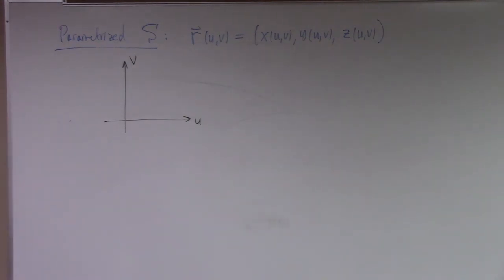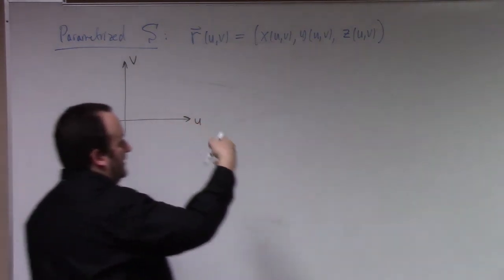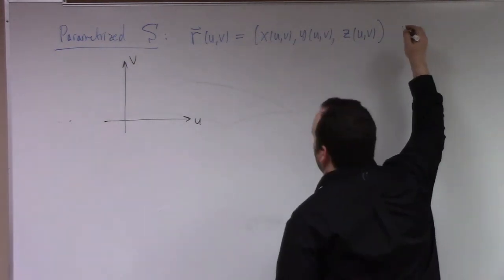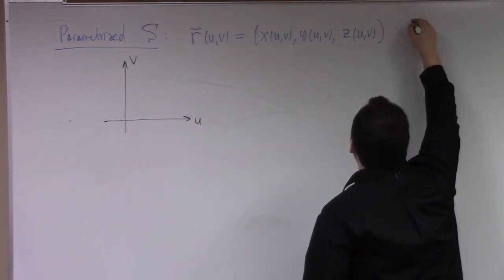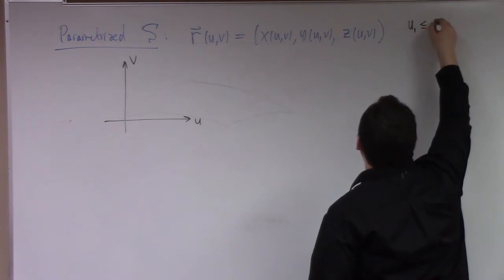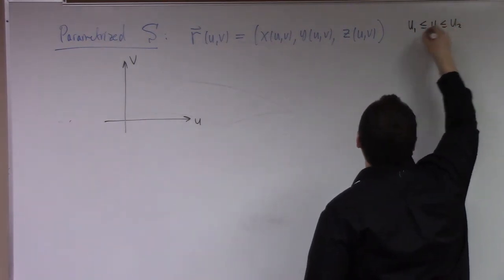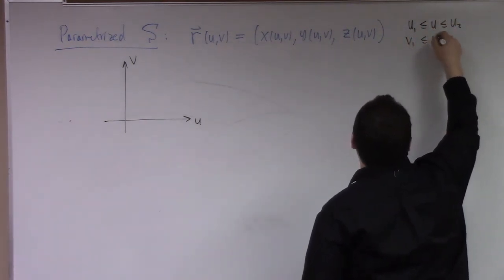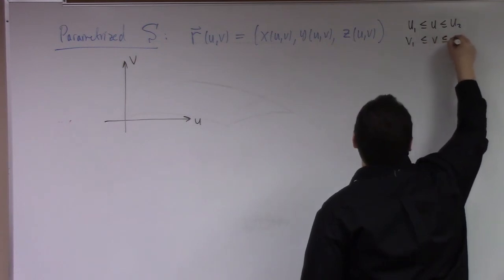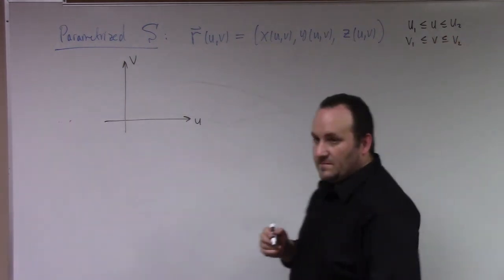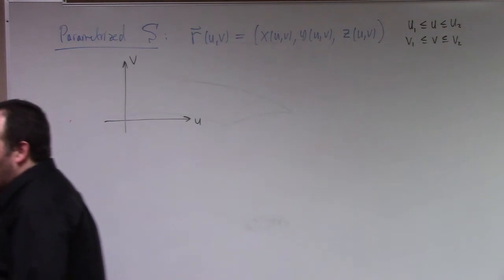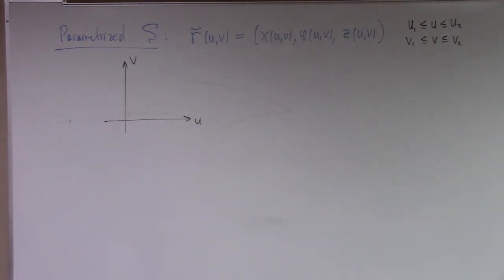Let's suppose for the sake of simplicity that we've got u1 less than or equal to u less than or equal to u2, v1 less than or equal to v less than or equal to v2, just for the sake of discussion. In other words, I'm assuming that the parameterization has a rectangular domain. That doesn't have to be the case.